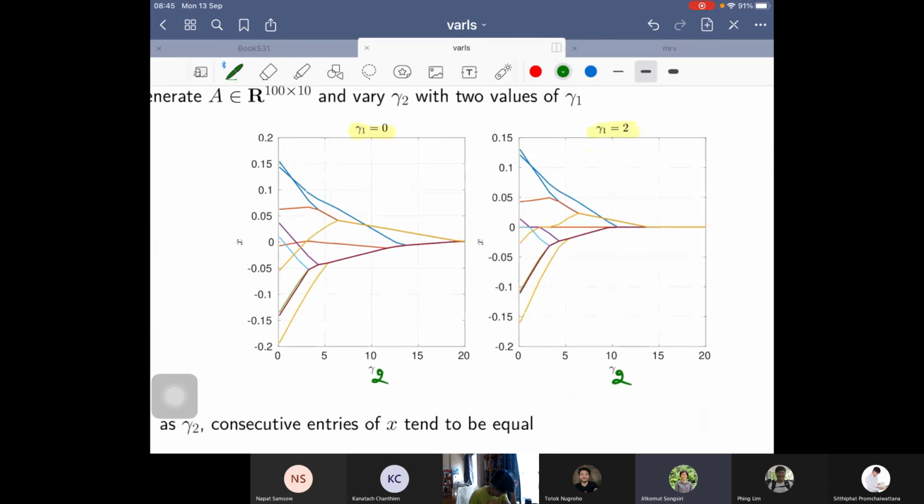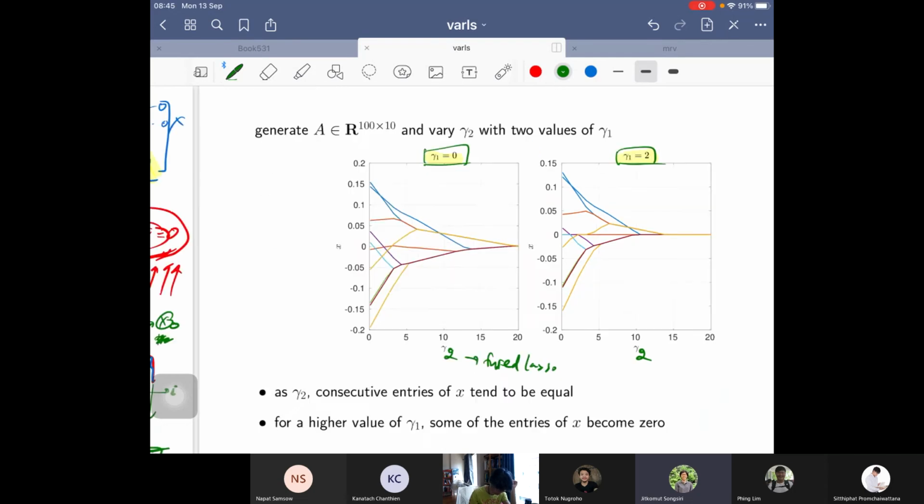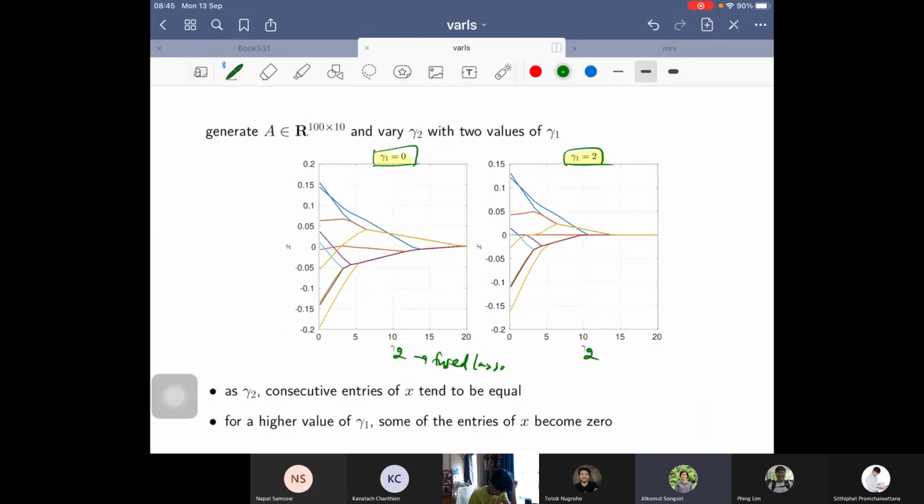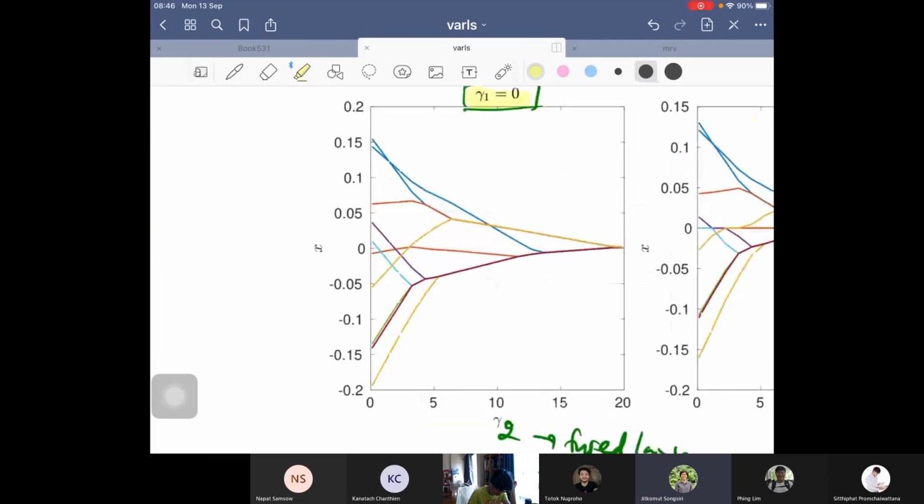So I vary gamma 2 while I fix gamma 1. Gamma 1 is the penalty of the Lasso term, and gamma 2 is the penalty of the fused Lasso term. You would expect that if I increase gamma 2, penalizing the fused term more, some entries of x would be equal.